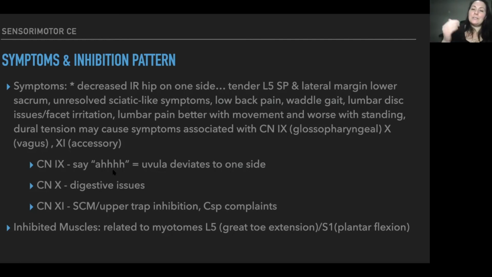The uvula will typically deviate towards the side where there's inhibition, sometimes towards the same side of decreased internal hip rotation. But if you get the uvula deviating to one side, doesn't really matter which one, that might be a good indication that there's an L5-S1 pelvic dysfunction and enough dural tension to create effects of the glossopharyngeal nerve.